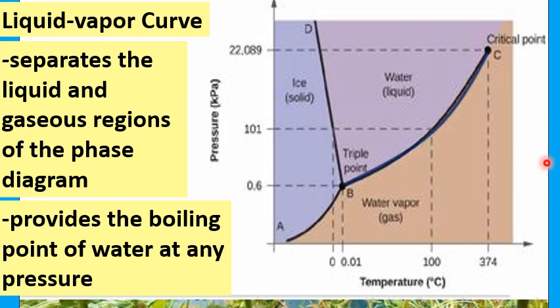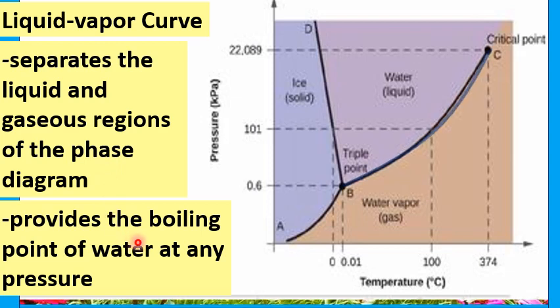All right, so this liquid-vapor curve, BC, the curve that is now being highlighted, separates the liquid and gaseous regions of the phase diagram, all right?